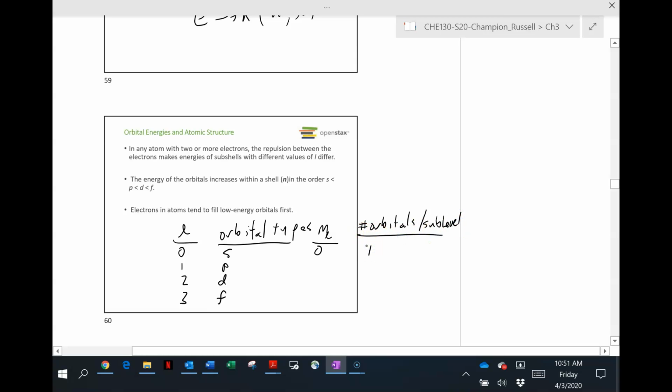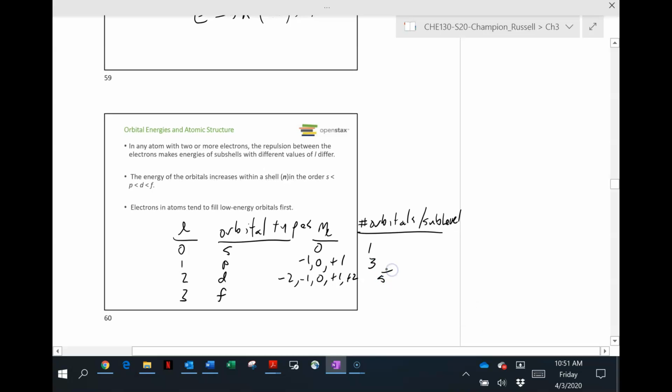We have one orbital for every possible value of m sub L. If L is 1, m sub L can be minus 1, 0, or plus 1. That gives us 3 orbitals in the sublevel. If L is 2, m sub L can be minus 2, minus 1, 0, plus 1, plus 2, from negative L to positive L. That's 5 orbitals in the sublevel.